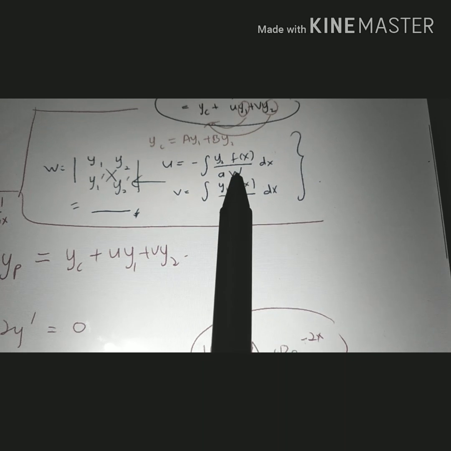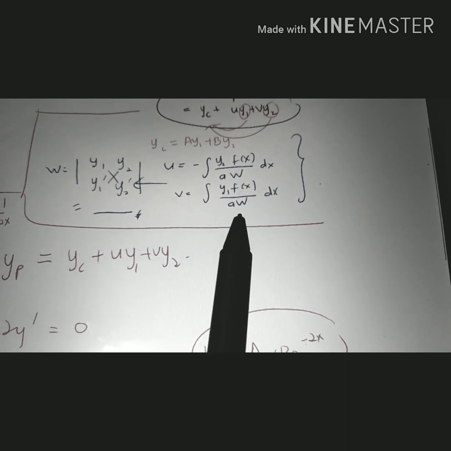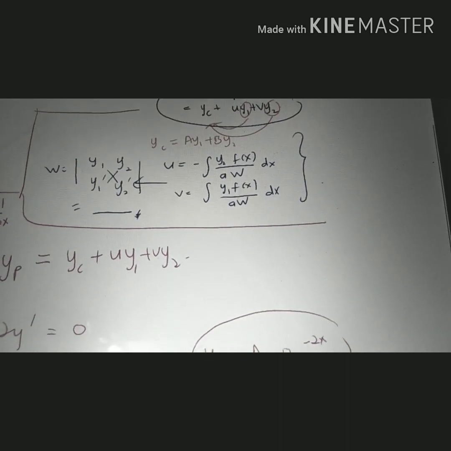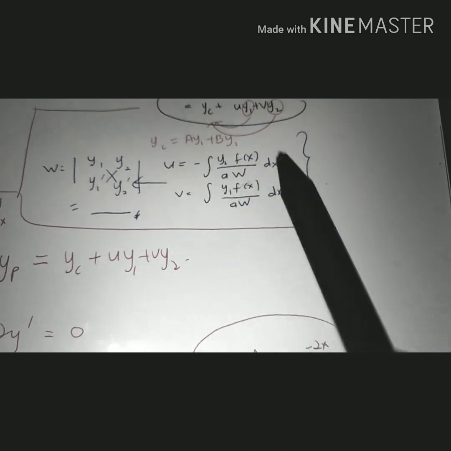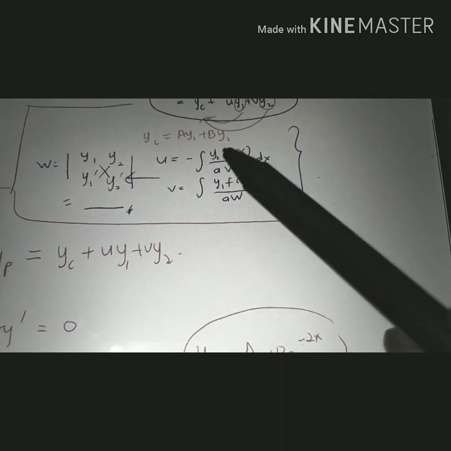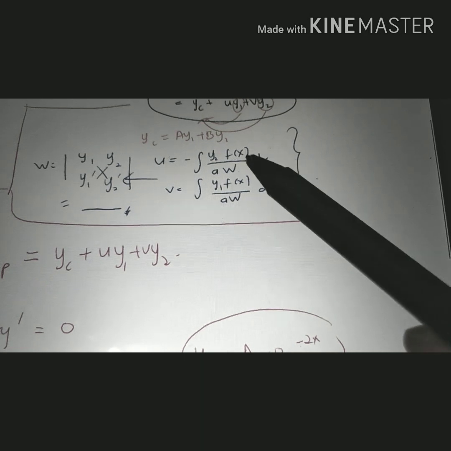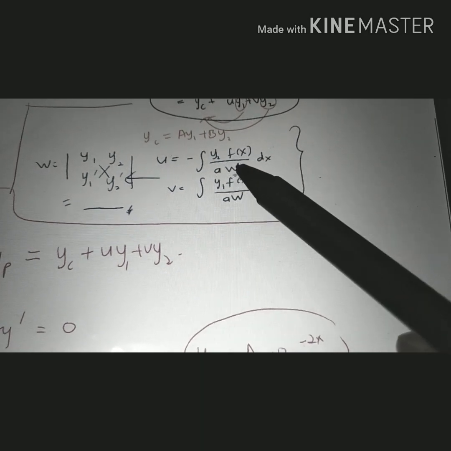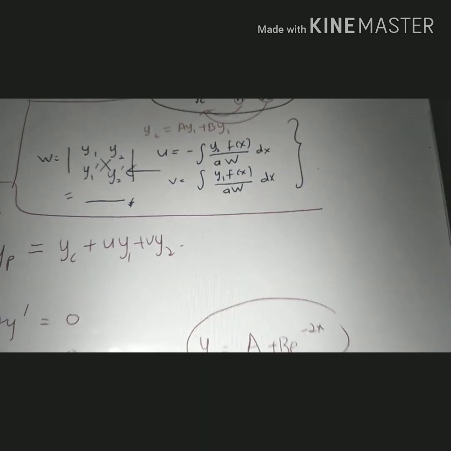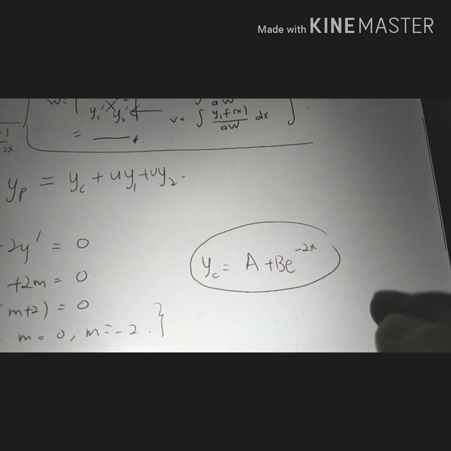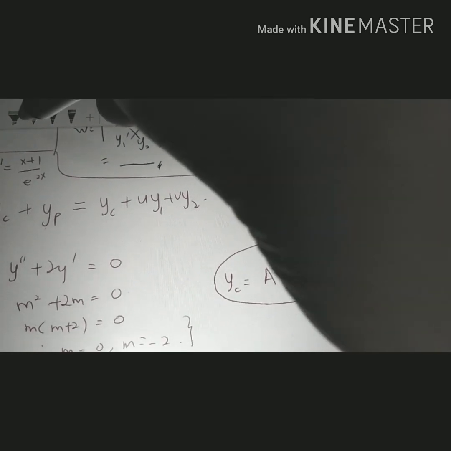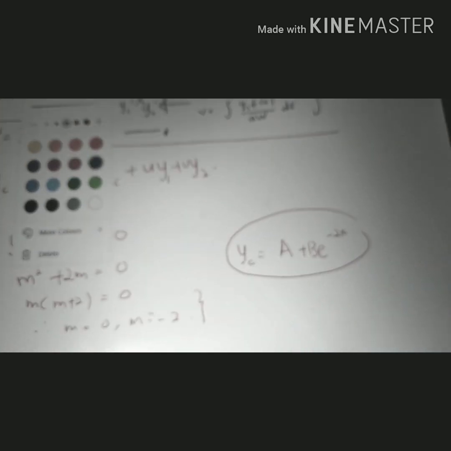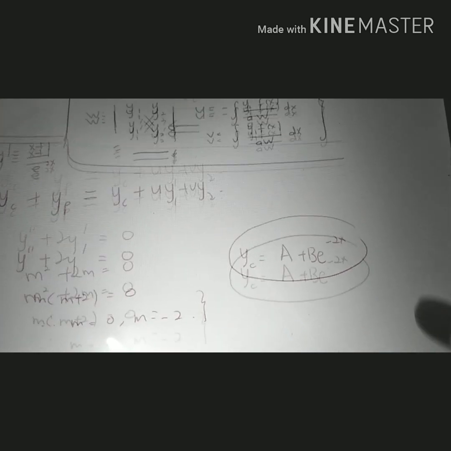Then I want to find u y1 plus v y2. u is coming from this formula, v from this formula. In order to use this formula, I must find out what are my y2 f(x) over aW and y1 f(x) over aW. So I need to find out what is my y1 and y2. How to find y1 and y2?